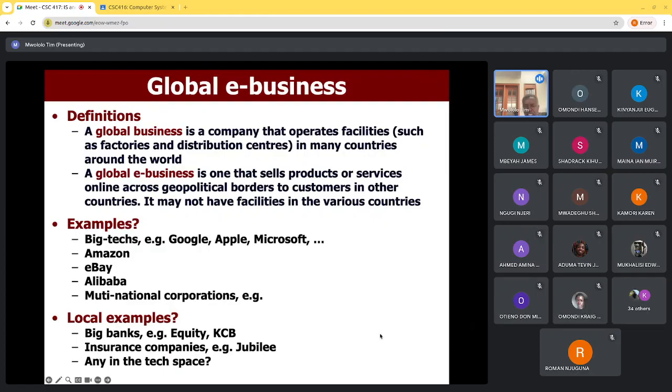Are there any examples of local tech companies that are conducting business globally through electronic means? Are there local examples? Do you guys know? Yes, give me one.